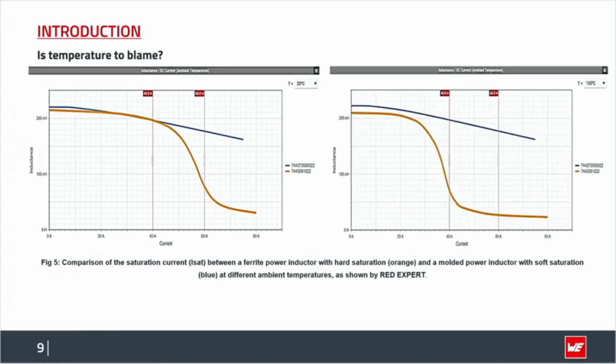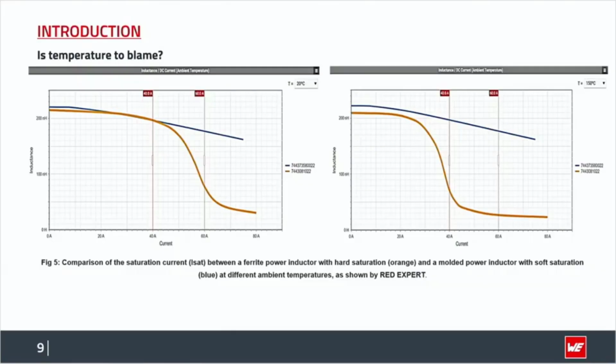But if we increase the temperature, we expect a strong change in the case of the hard saturation power inductor. So if you plan for the inductor to work between 40 and 60 amperes, the inductance value is going to decrease dramatically. That's the strong advantage of molded power inductors.